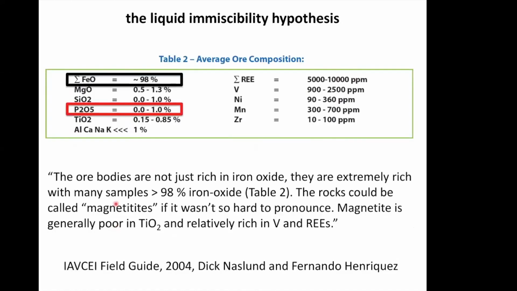And then the final challenge for the liquid immiscibility hypothesis is that the average ore composition at Laco is about 98% FeO and less than a weight percent P2O5. And this is a quote from a paper that Dick Naslund and Fernando Enriquez wrote for a field guide in 2004. They proposed that we should call these magnetitites, if it wasn't so hard to pronounce.